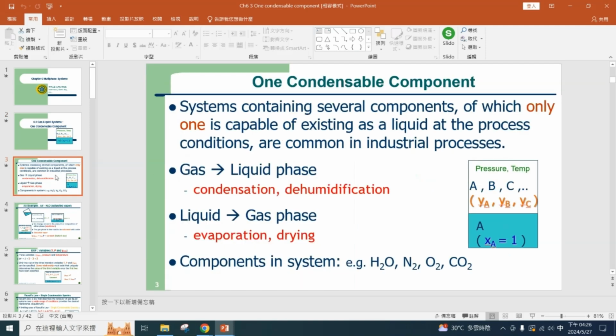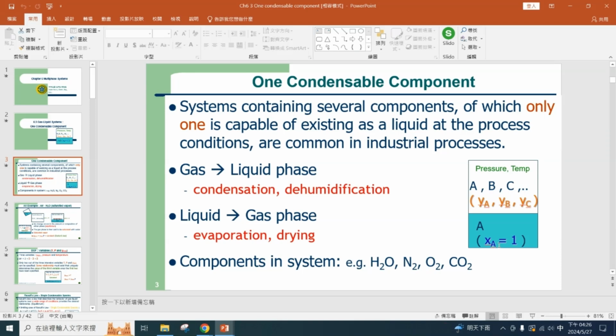Okay, so I think I have talked about this with you. That means there is only one condensable component in this system, which is A, for example, and we can regard this as water. So the mole fraction in the liquid phase is only 1. So x_A, the mole fraction of the water, is always 1. There's no other species like carbon dioxide or oxygen, because we're only dealing with one condensable component.